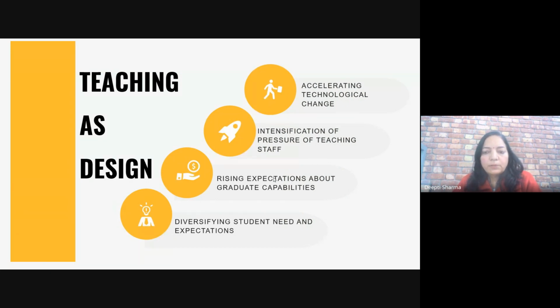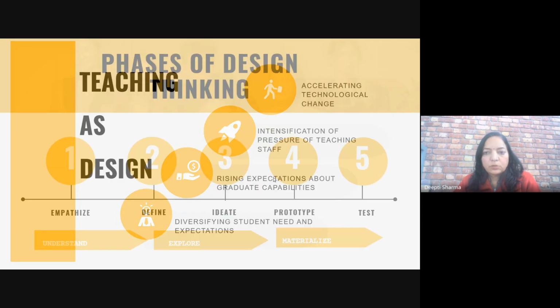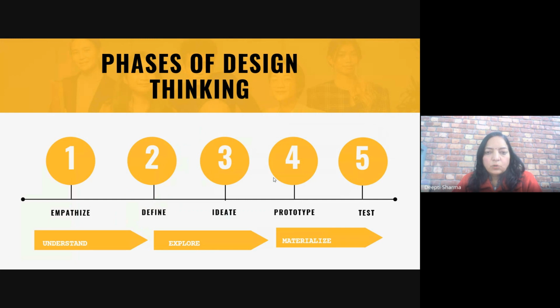So faculty members should understand the fast-growing technological change, and they should learn these things also.